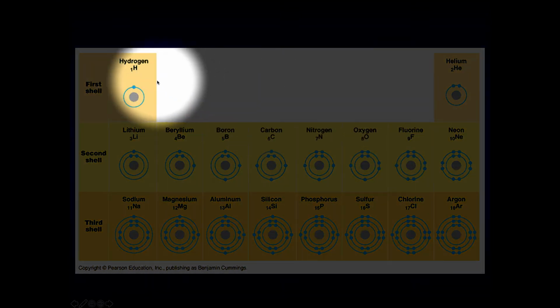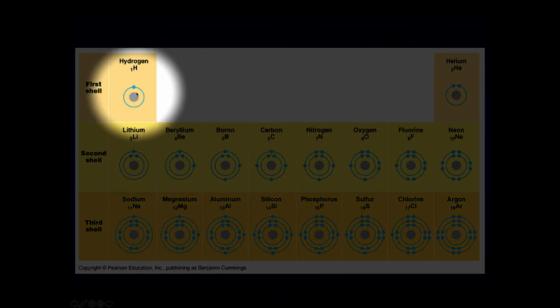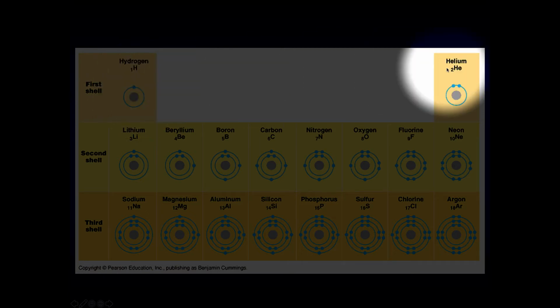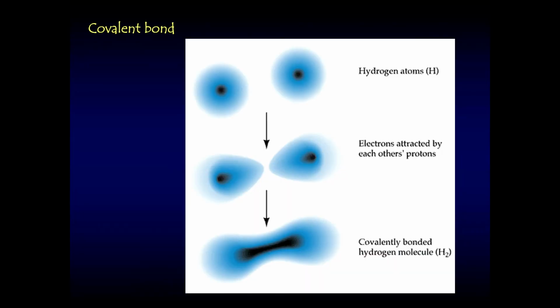If we look at hydrogen, it has 1 proton and 1 electron in the first shell. What does it need to fulfill that first shell? It needs 1 more electron. If it had 2 electrons, it would be filled like helium, and it would be happy. It's not happy, so here's what happens. Two hydrogen atoms spot each other.